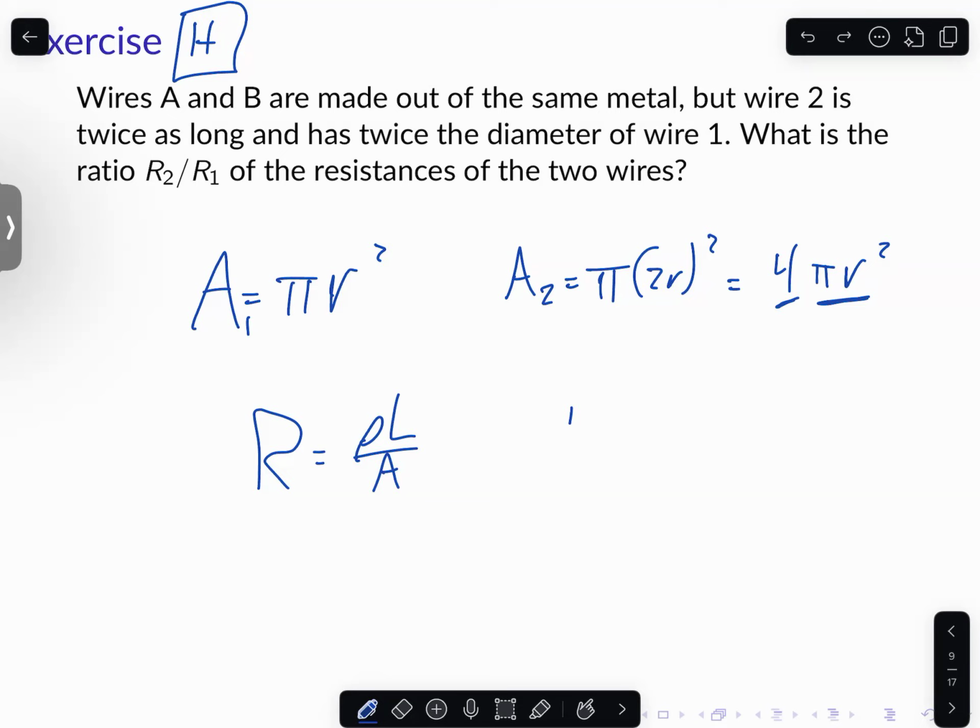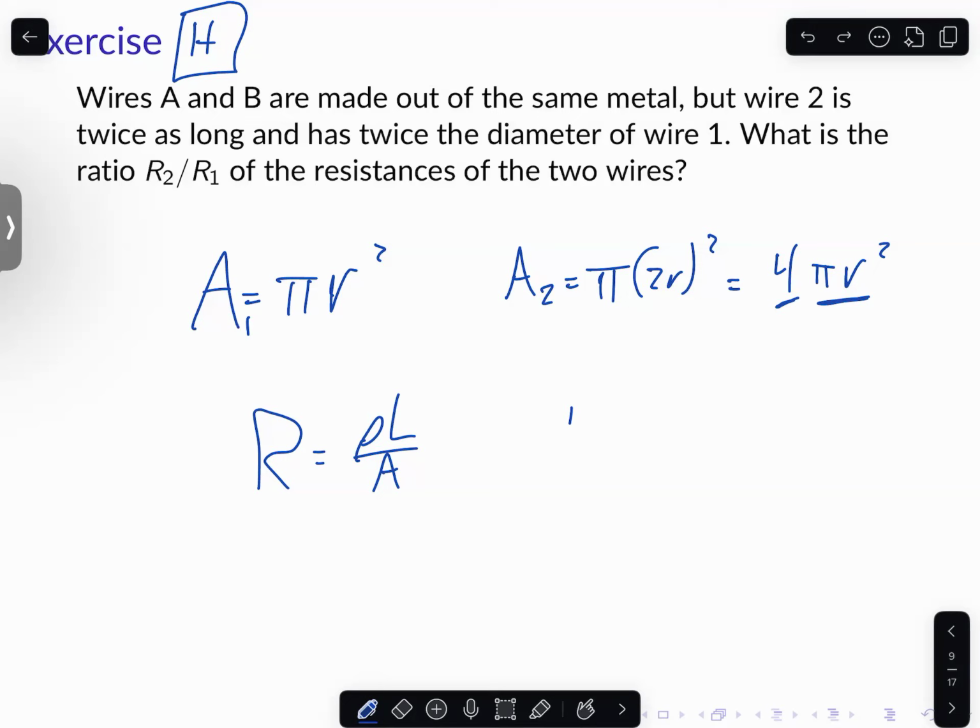Okay, so A is not the only factor in R. A quadruples, quartering R. L doubles, what does that do to R? Just doubling L, what does that do? If you double the upstairs of a fraction, what happens to the fraction? It doubles, right? Now ask yourself this, if I put 2 factors together now, if I double something then quarter it, what have I done to the fraction?